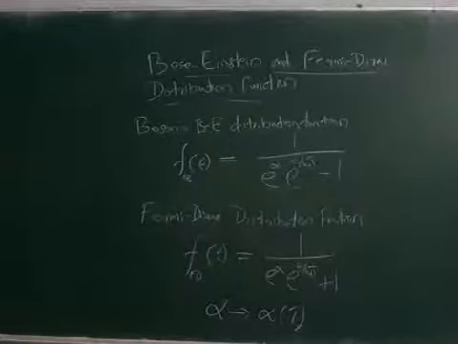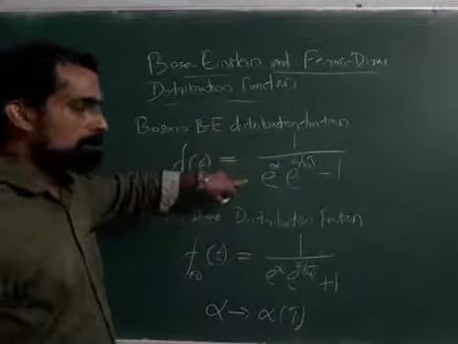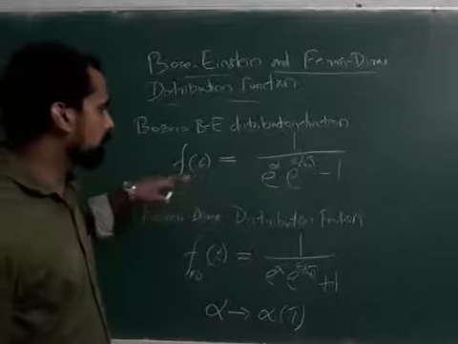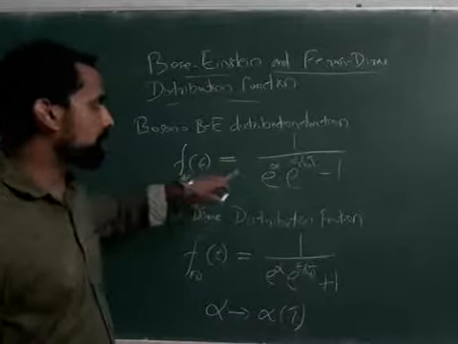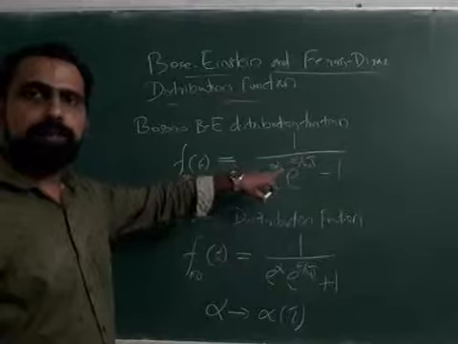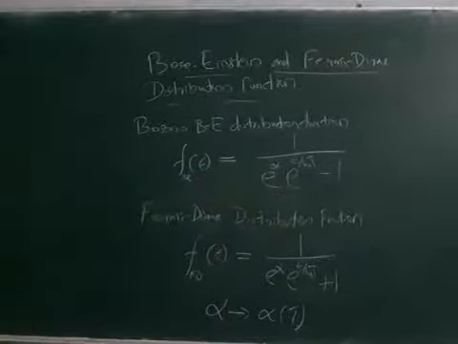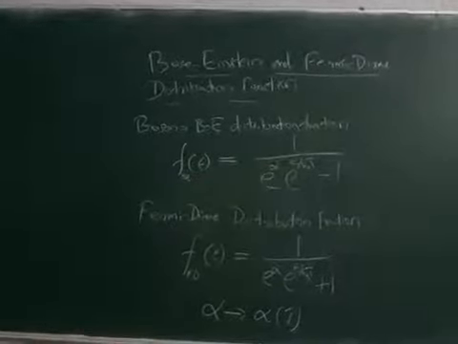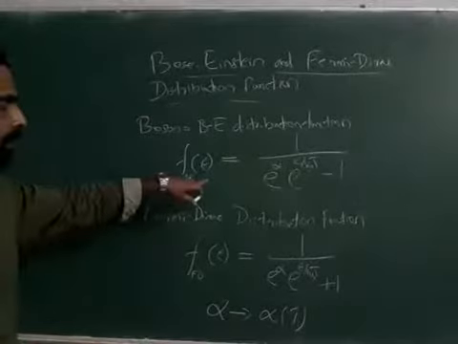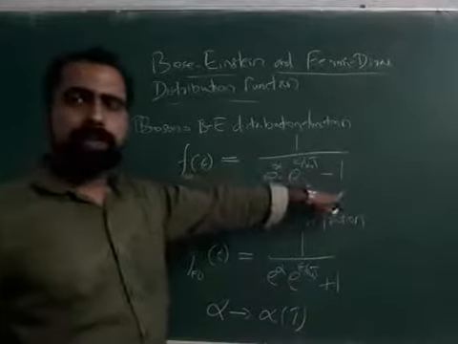Now first we will go for the Bose-Einstein distribution function. In this expression you have a minus 1.